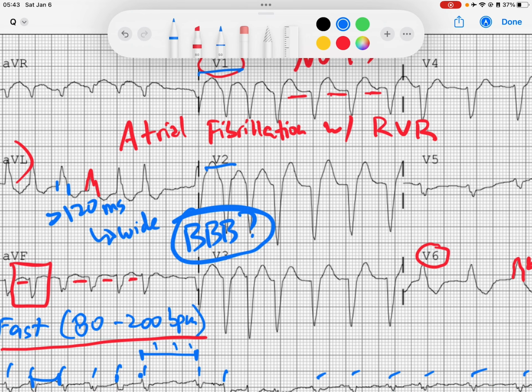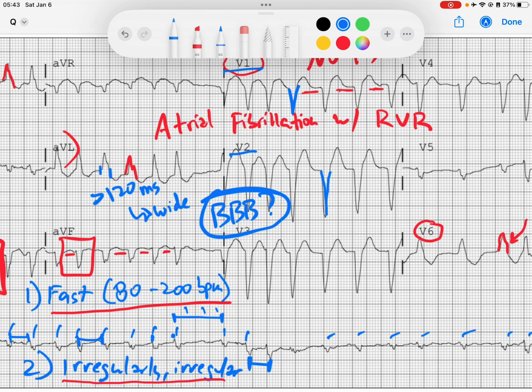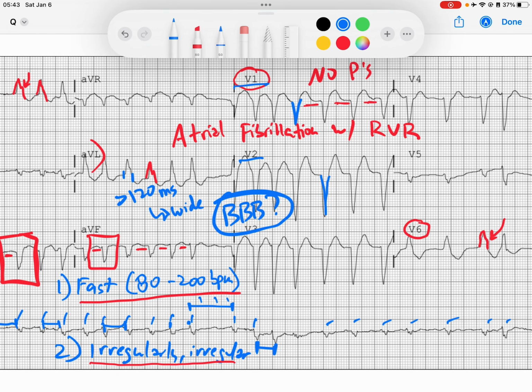I see these prolonged, deep, negative deflections. And not only do I have these prolonged, deep, negative deflections, but if I look in front of those, what I've lost is the septal R wave. And we know that our septal R's are the R waves generated in V1, V2.